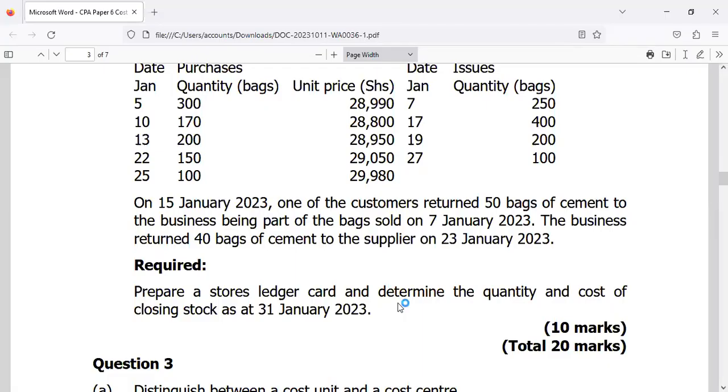prepare a storage card and tell the quantity and the cost of closing stock as at 31st January 2023.